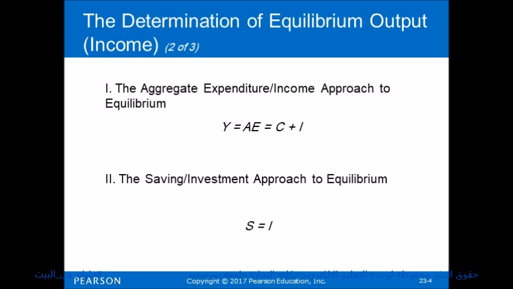The second approach, the saving investment approach, says that equilibrium occurs or is achieved when the level of saving equals the level of investment. So, according to the first approach, the equilibrium equation or condition is Y equals C plus I, and according to the second approach, the equation for equilibrium is simply S equals I.